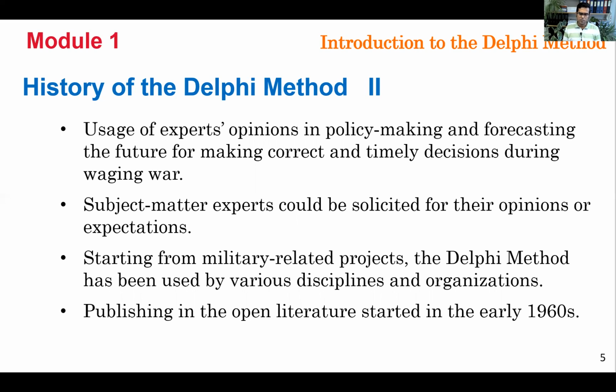Starting from military-related projects, development of the Delphi method continued in various disciplines and organizations, and thus information about this method began to be published in the open literature in the early 1960s.